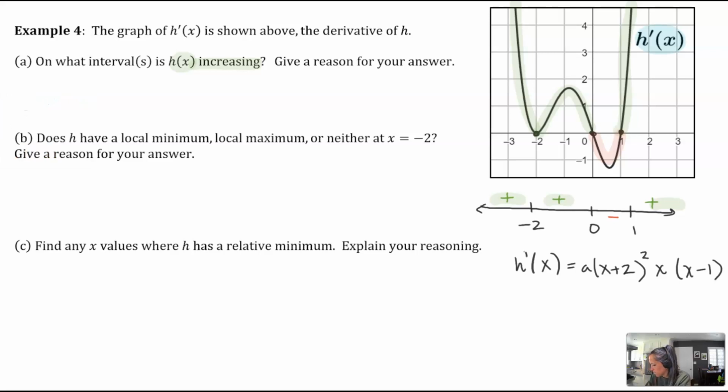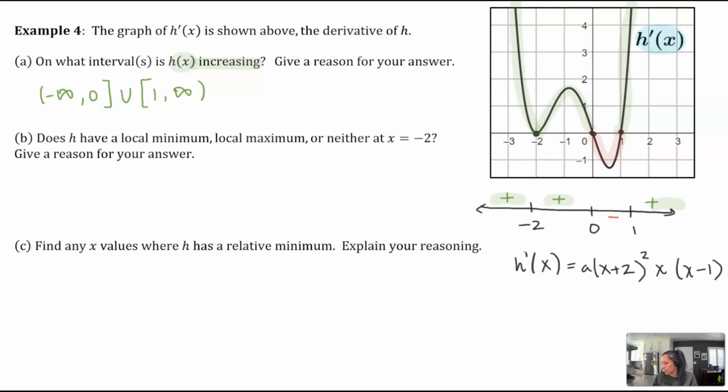It is increasing on negative infinity up until 0, and from 1 to infinity. Oops, I need my hard brackets. Otherwise, I have to include more. If I use the parentheses, that's me saying I don't believe the equal to 0 counts, and so therefore, I would have to do a little bit more work on this.